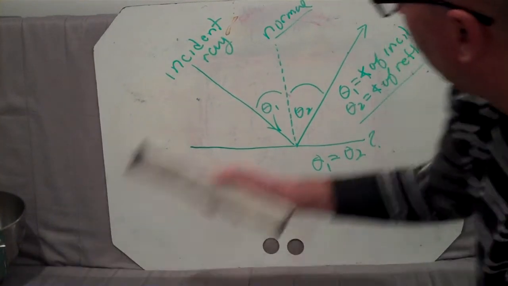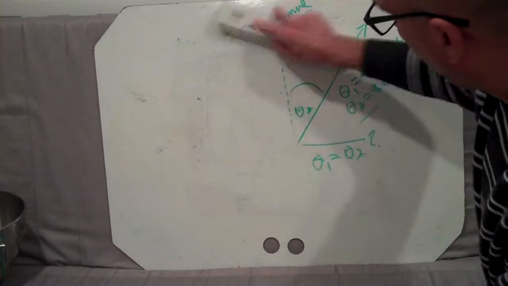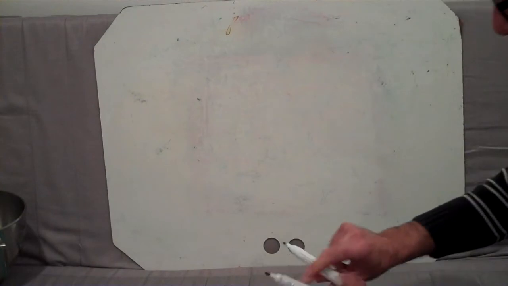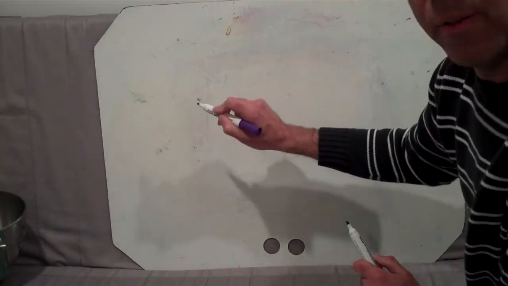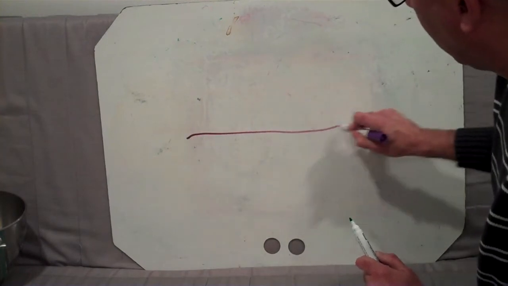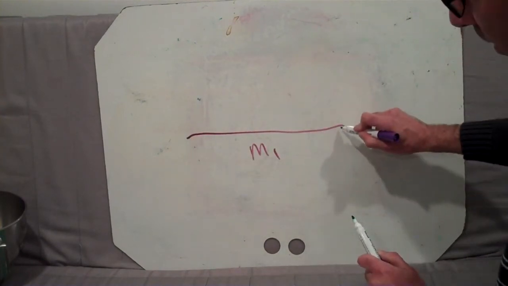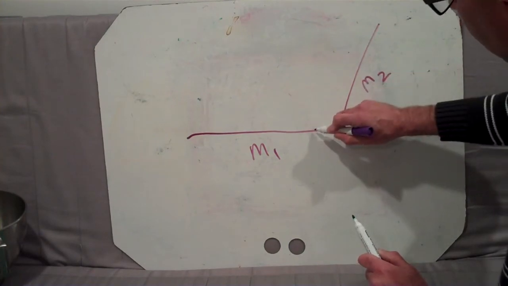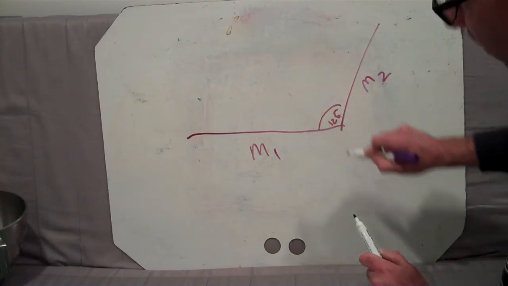Okay, so here's an example for practice. If you'd like to pause the video now and do the problem yourself, that's fine, we can check. Here's M1, here is M2. This angle right here is 125 degrees.